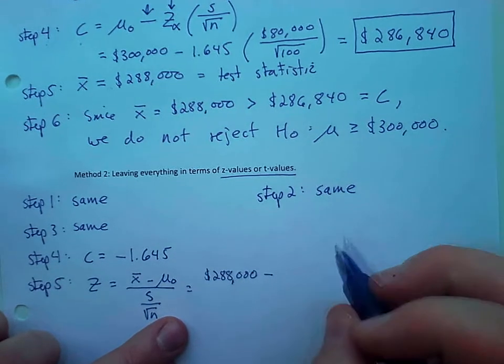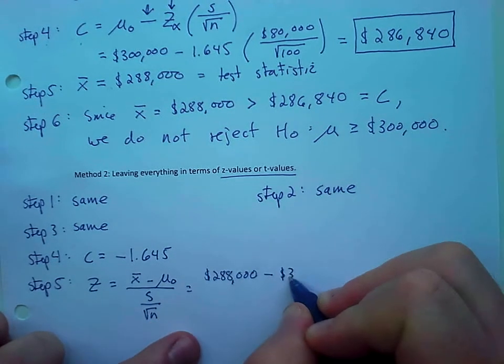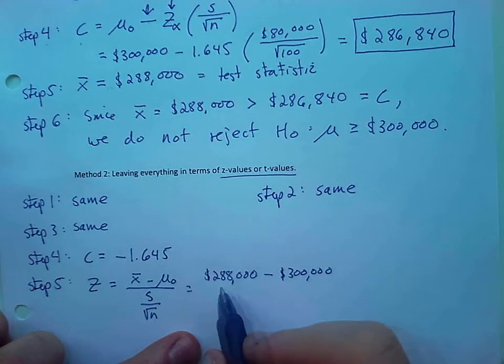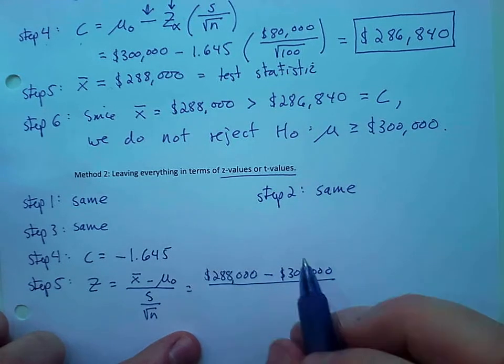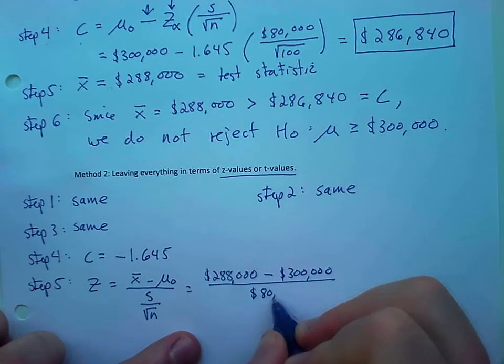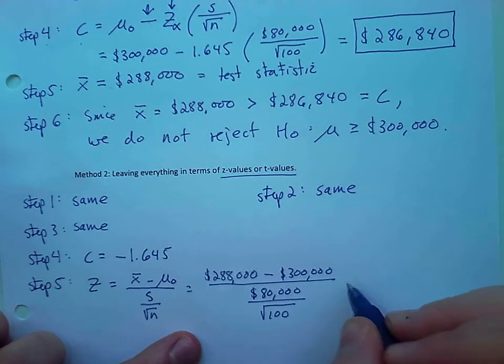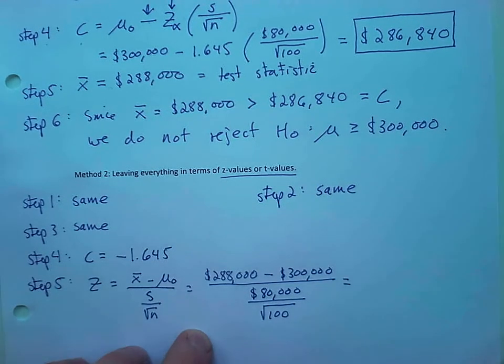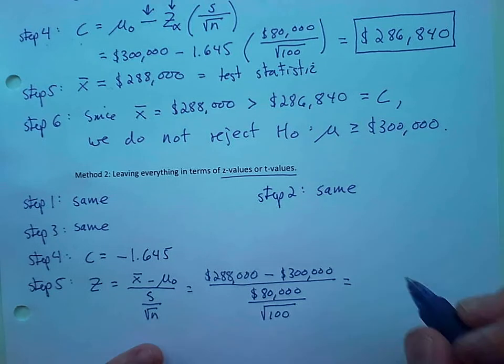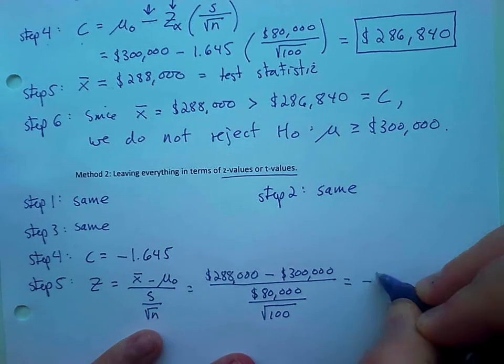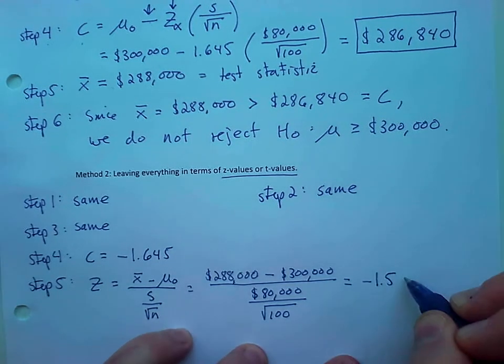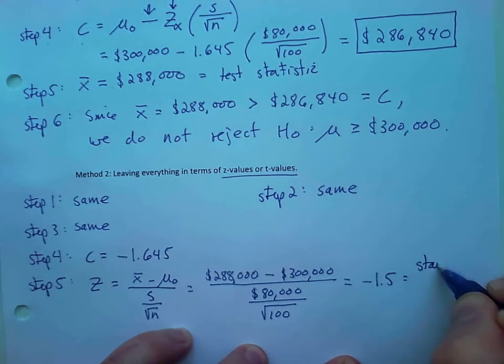Mu naught is our hypothesized value, which is $300,000. And we've already said that s, our sample standard deviation, is $80,000, and our sample size, little n, is equal to 100. If you do this arithmetic, we get a z value of negative 1.5, and this now is our standardized test statistic.